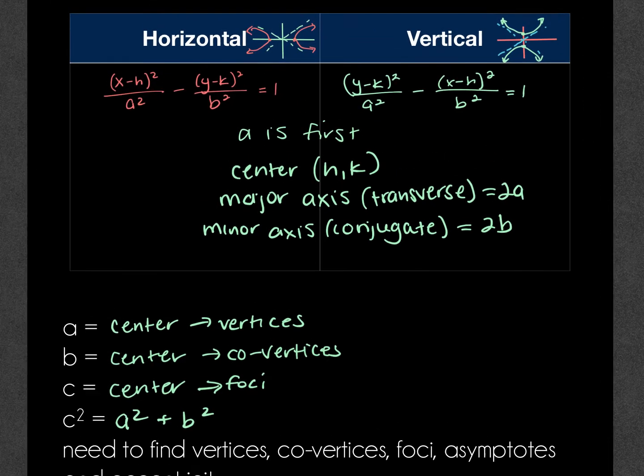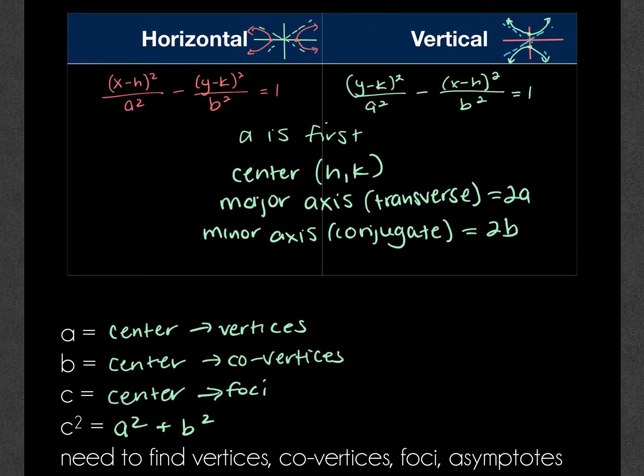So on the asymptote for the horizontal, it's y equals k plus and minus b over a, x minus h. And it's y equals k plus and minus a over b, x minus h for the vertical. So the difference there is, again, horizontal is b over a and vertical is a over b.